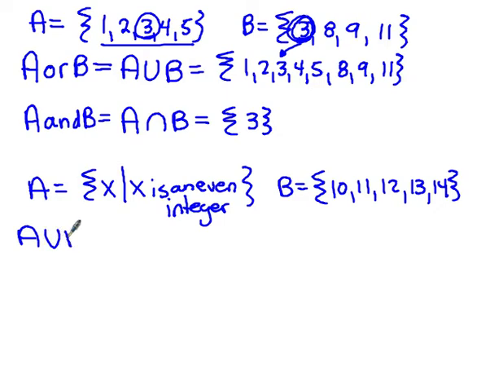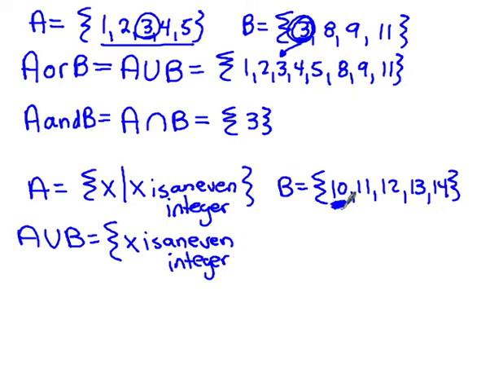A union B would be everything that's in the set of A, so all of those where X is an even integer. Okay? So that covers some things over in set B. It covers the 10, the 12, and the 14, so I don't need to write them down again.